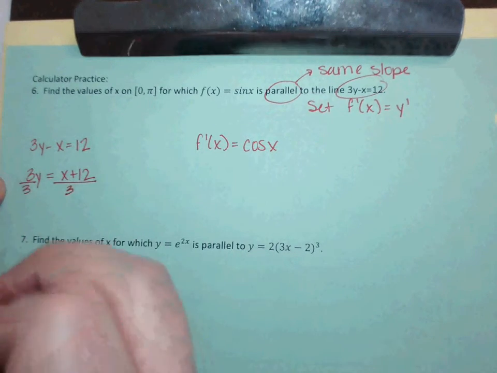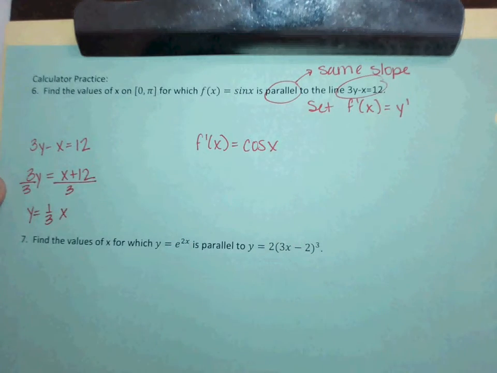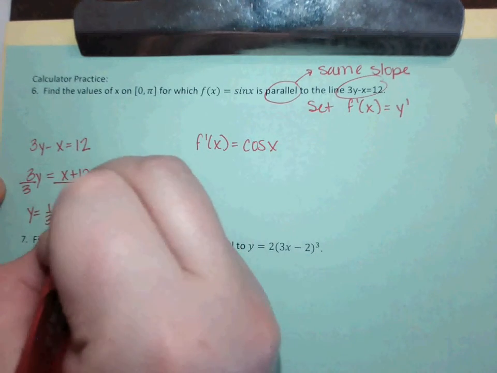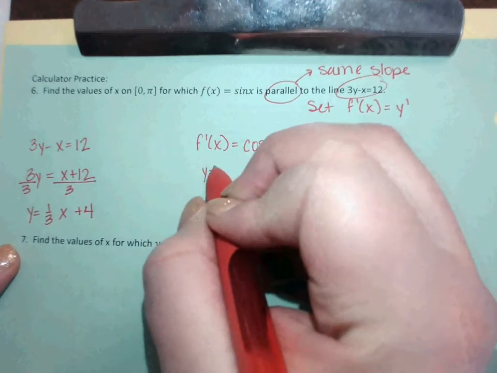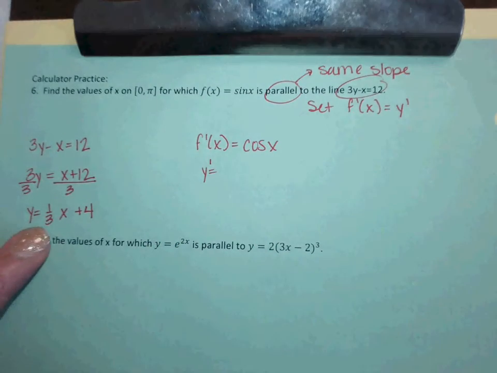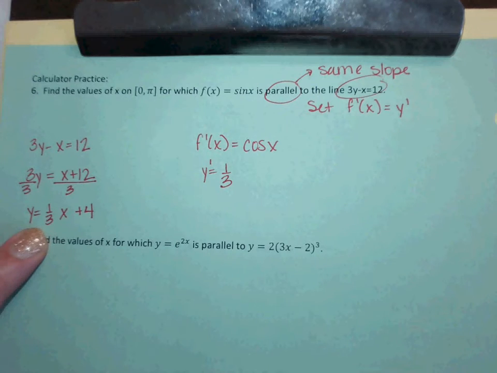So I have y equals 1/3 x, that's the same as x over 3, and then plus 4. Now remember, that's useful for my y, but I need my y prime. So if that's y, what's y prime? 1/3, because 4 is a constant. So the derivative of the constant just goes away.